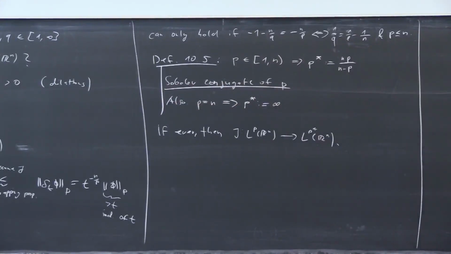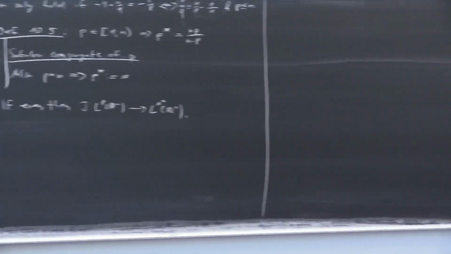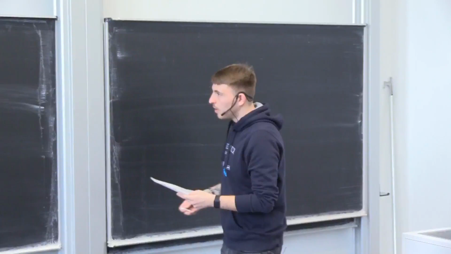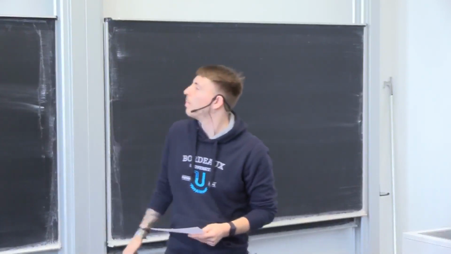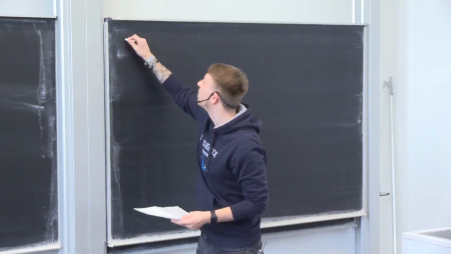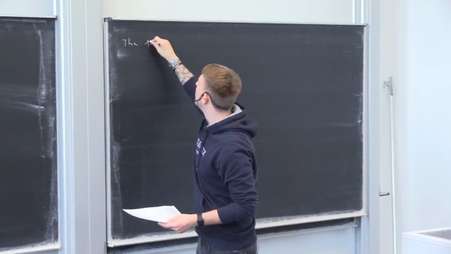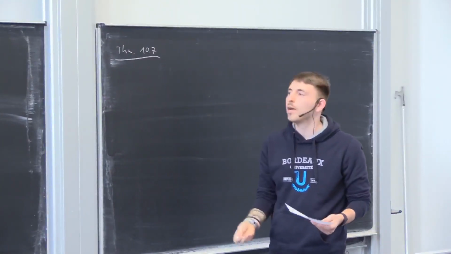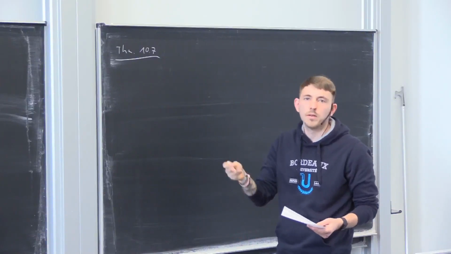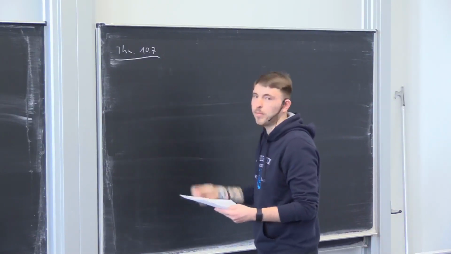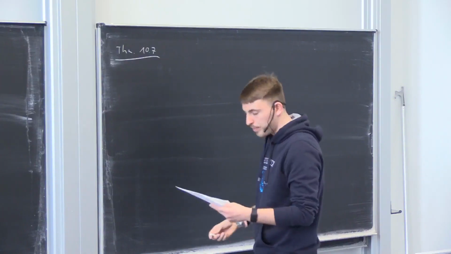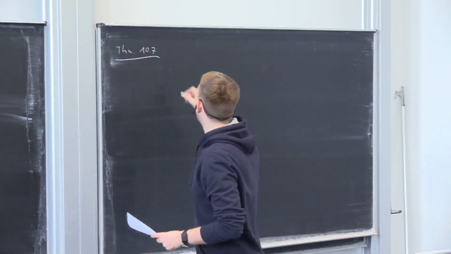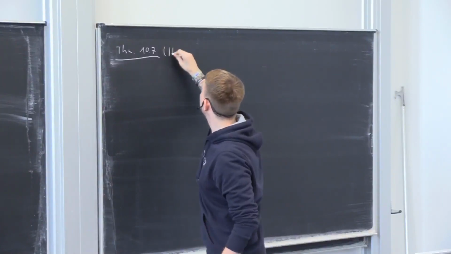Next I will switch to this blackboard and write the central result that we're going to prove in this lecture. This was definition 10.5. I will now directly jump to theorem 10.7. There's some preparatory lemma in between that we will do afterwards. Just as some motivation, I show you the theorem before. This is called the Hardy-Littlewood-Sobolev inequality.